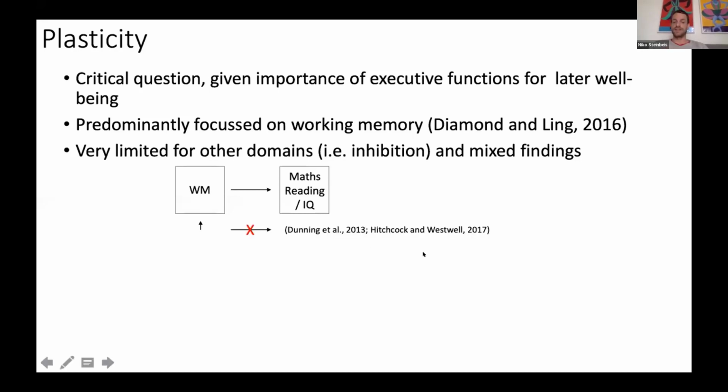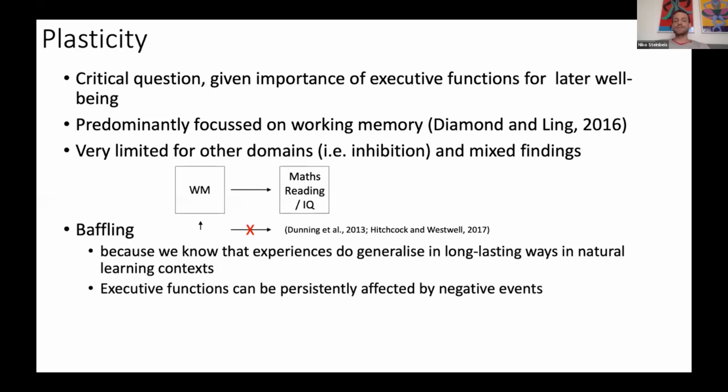So by now, there's a lot of evidence that these so-called far transfer effects are extremely elusive and very difficult to get. And this is baffling for a range of different reasons, because we know that experiences generalize in long-lasting ways in natural learning contexts, so just taking education, for instance. And we also know that executive functions or cognitive control can be persistently affected by negative events.